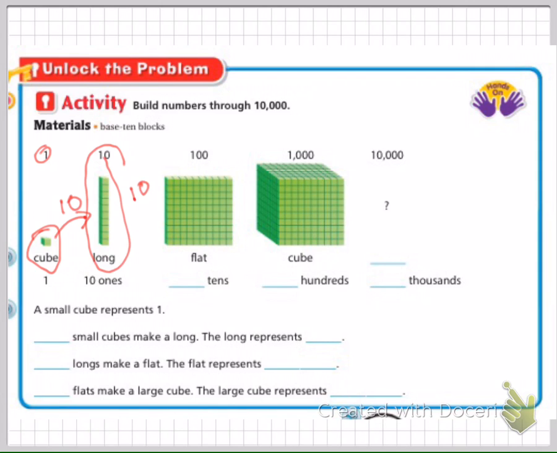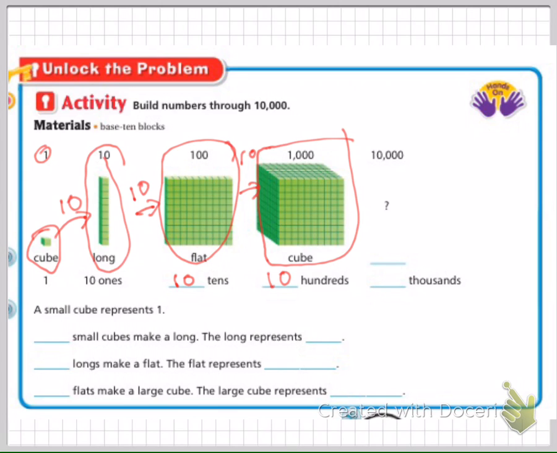Then we took 10 longs and put those together and made a flat that equals 100. We just said we put 10 of those, 10 tens, 10 longs. Now we're going to take 10 hundreds and put them together and make this cube of 1,000. So it took us 10 flats, or 10 hundreds, to make the large cube.